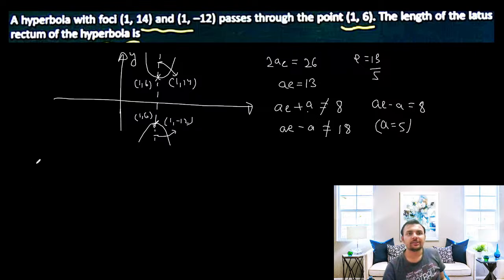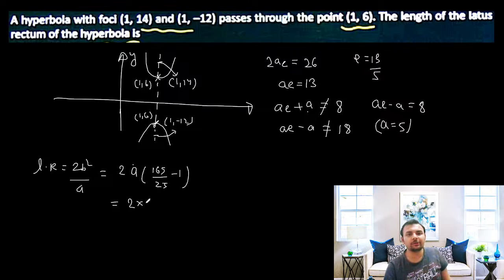Now what is the latus rectum? Latus rectum is 2b square by a. So b square is nothing but a square e square minus 1, that is 169 by 25 minus 1, and a is nothing but 5.